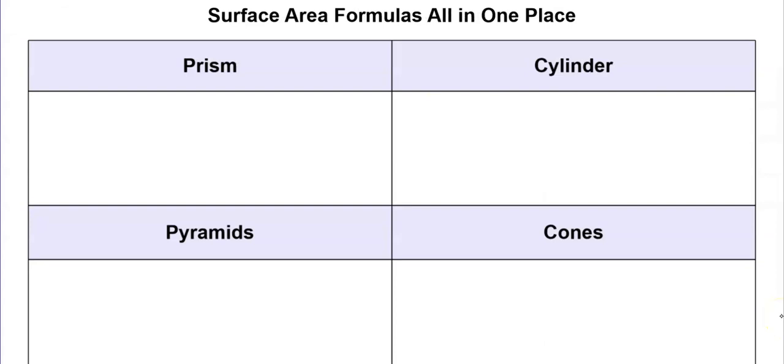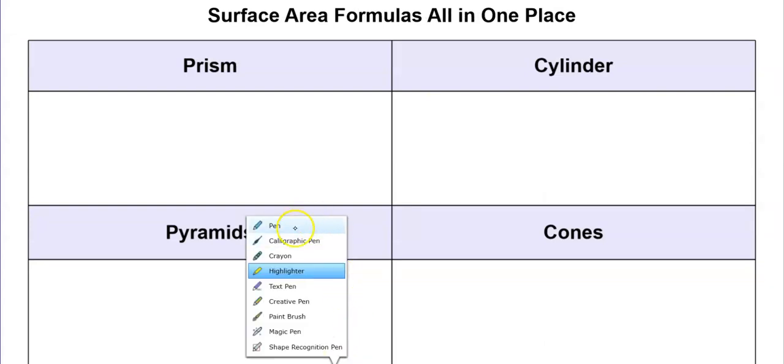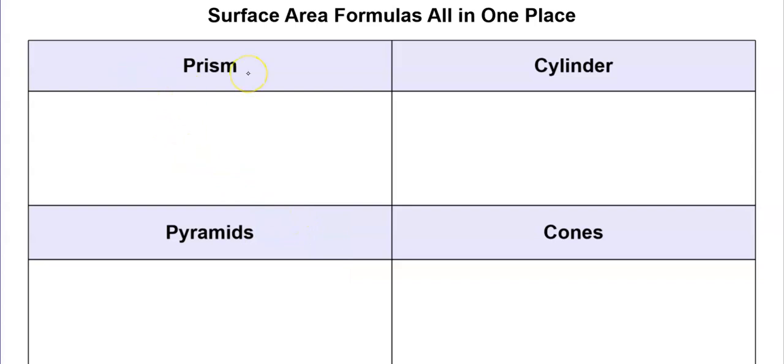Alrighty, so let's put all of our formulas in a handy-dandy spot so we've got them in one place. Now, if we're talking prisms besides cylinders, the surface area is 2 times the area of the base plus the perimeter of the base times the height of the prism.